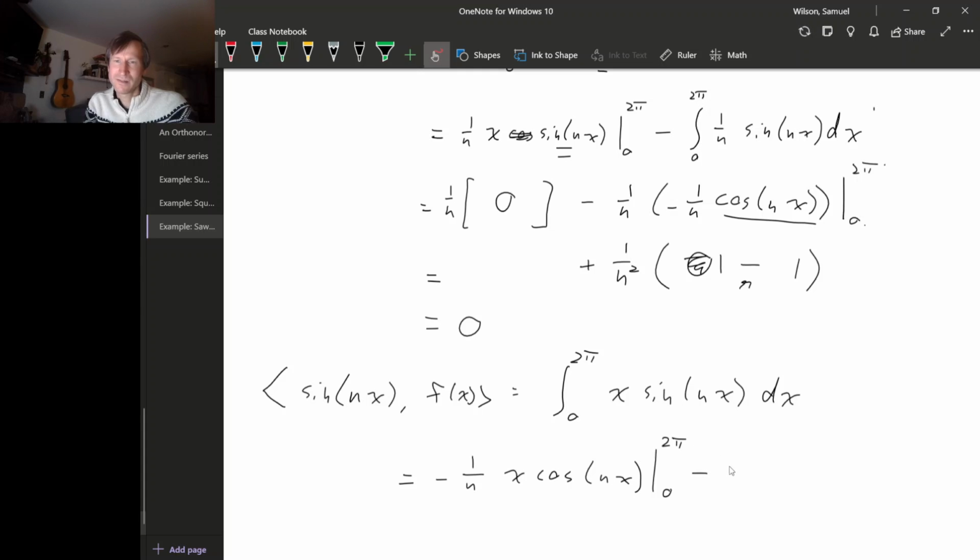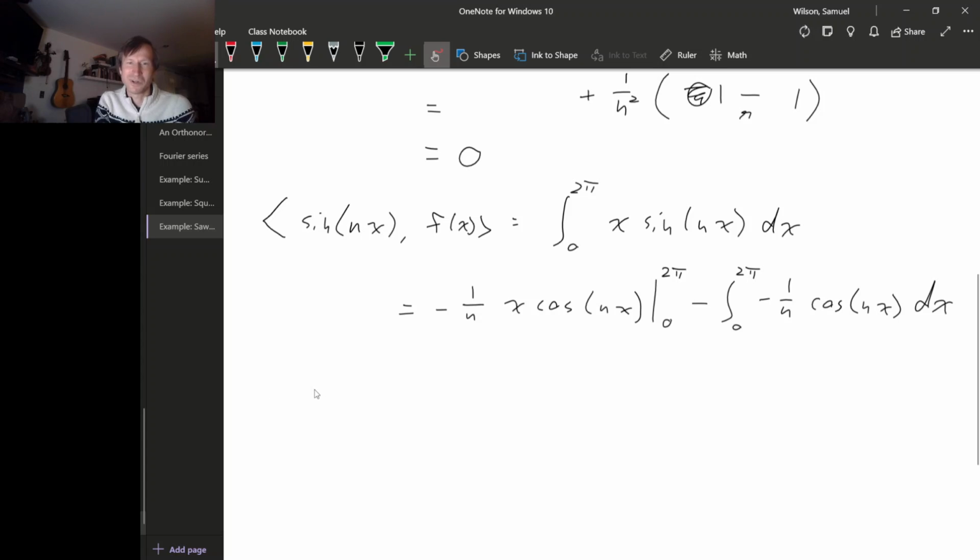Then minus the integral from 0 to 2 pi of minus 1 over n times cosine nx dx. Okay, so what is this?